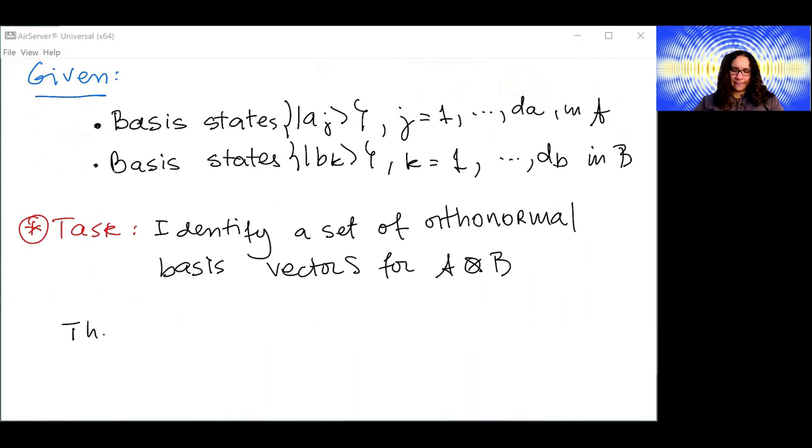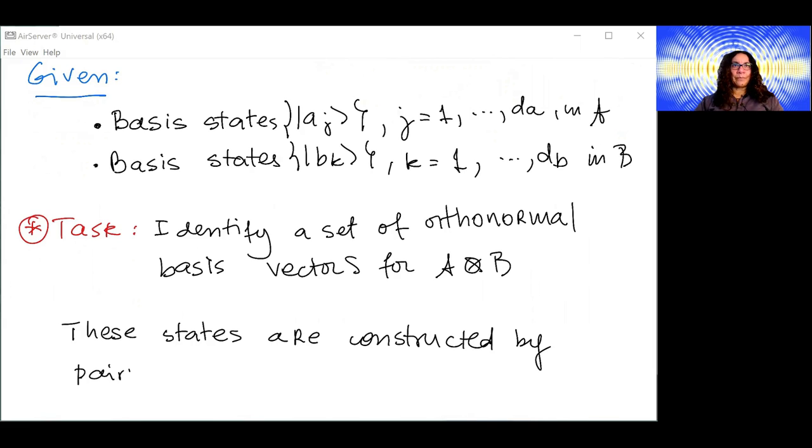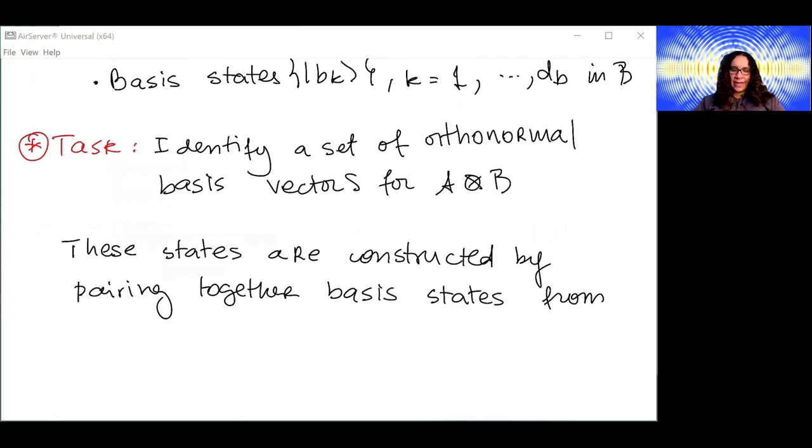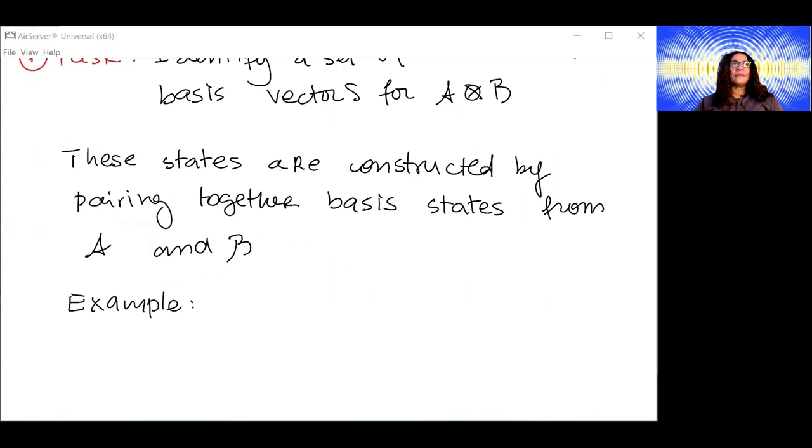These states are constructed by pairing together basis states from A and B. For instance, you can have this state, which is given by the tensor product of A1, B1.